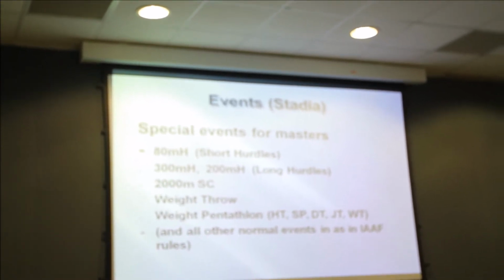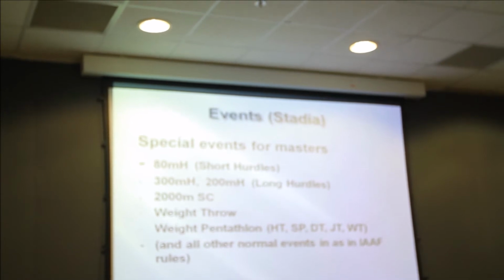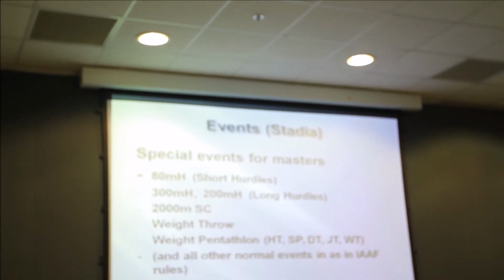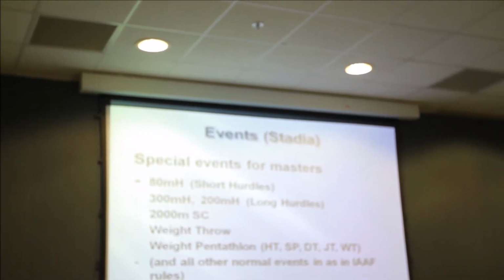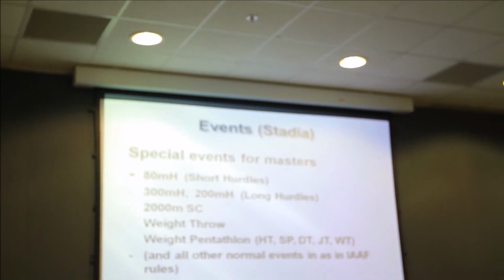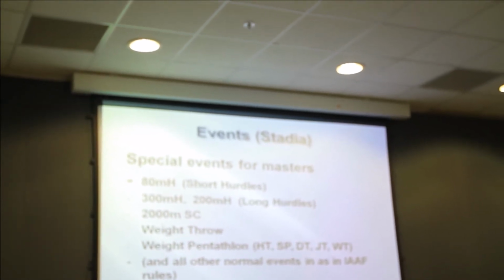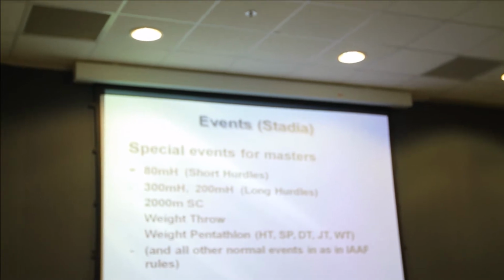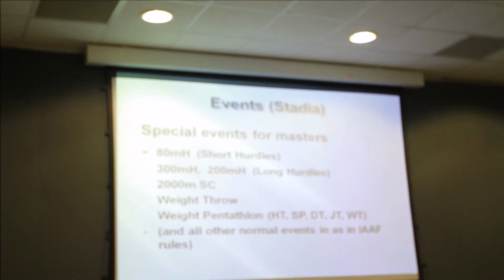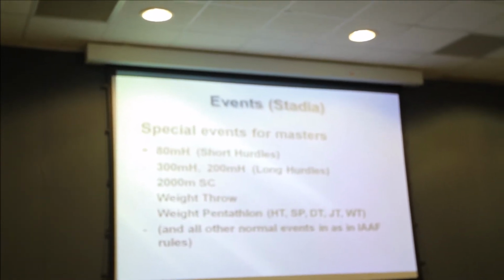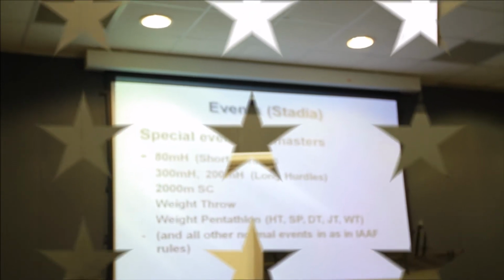Whereas in masters competition, we have 80 meters hurdles. All right? We have 300 meters hurdles, and 200 meters hurdles, apart from the normal 100, 110 and 400 meters. This is according to the age.